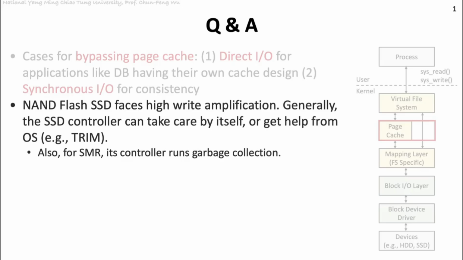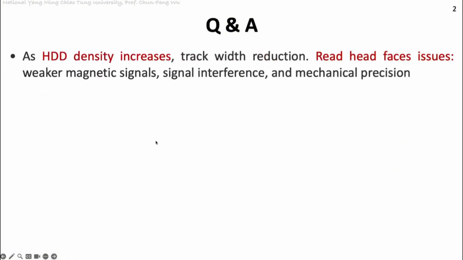So the operating system will not customize garbage collection for SMR, and SMR should have its own controller to run garbage collection. Usually, most storage devices, if they have special constraints, will have their own firmware to deal with those constraints. It doesn't really need to bother the operating system.